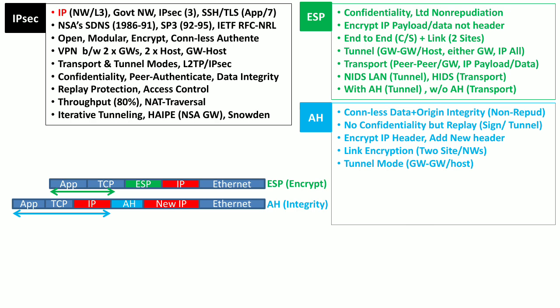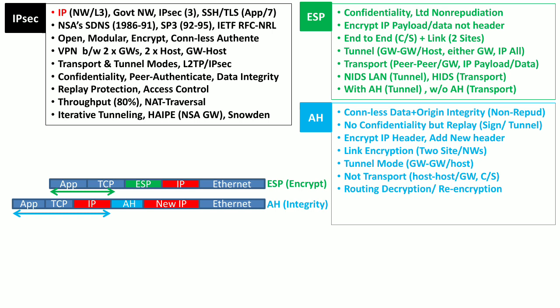So it is used for communication between a gateway and a gateway, or between a gateway and a host. So either side should be a gateway, and it is not used in transport mode, in which either side should be a host, or it can be a gateway as well, that is between client and server.